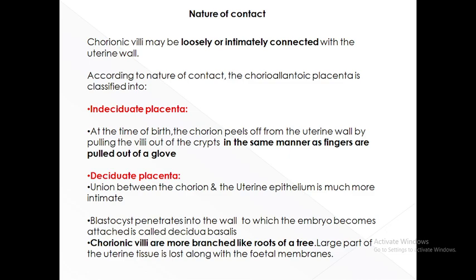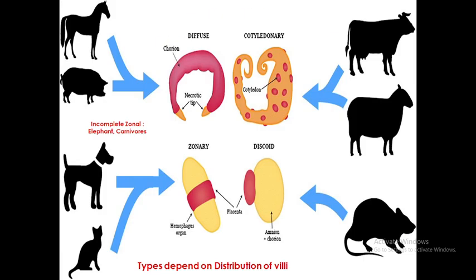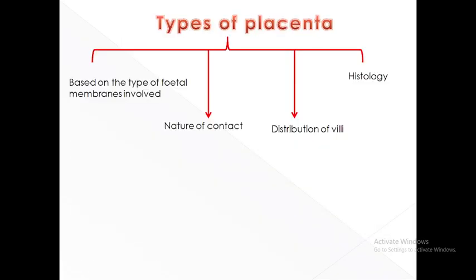So these are the three different types we have discussed in this lecture. We have discussed the function of a placenta and its structure. We have discussed the types based on the fetal membrane involved, that is the yolk sac placenta or choreo-vitelline placenta, as well as the choreo-allantois placenta.